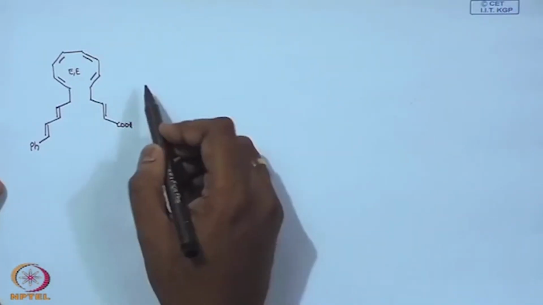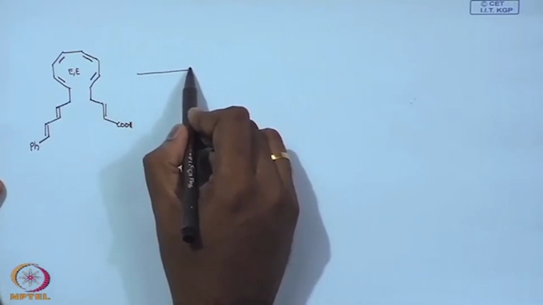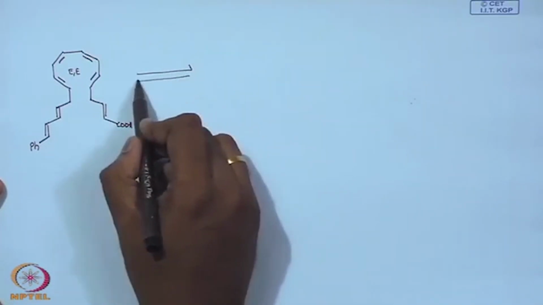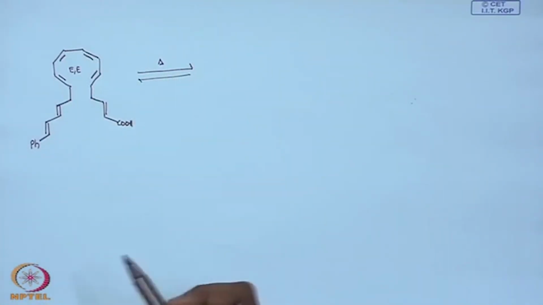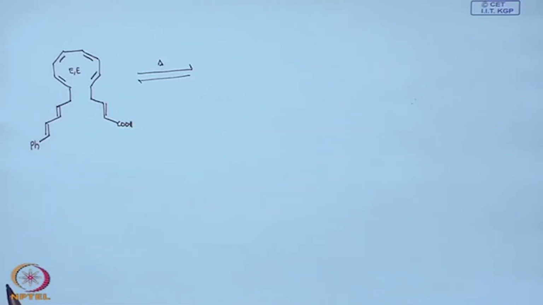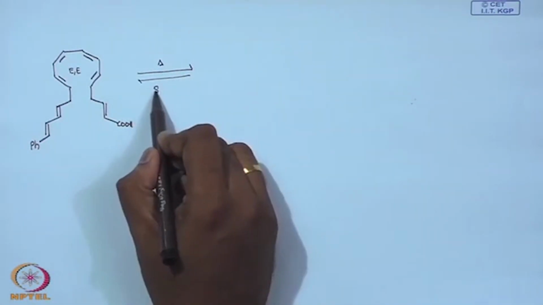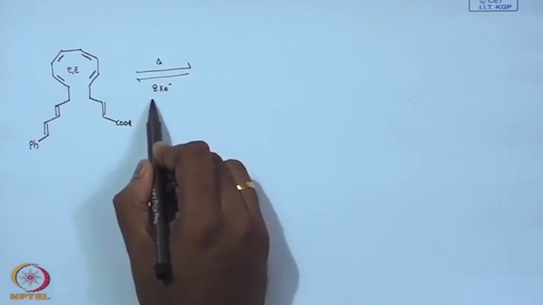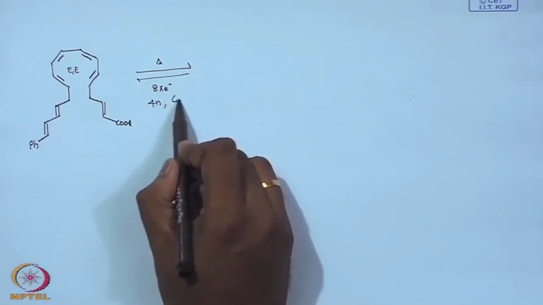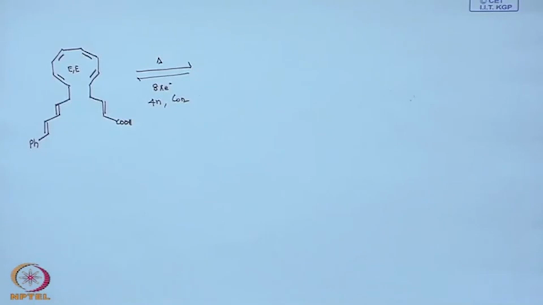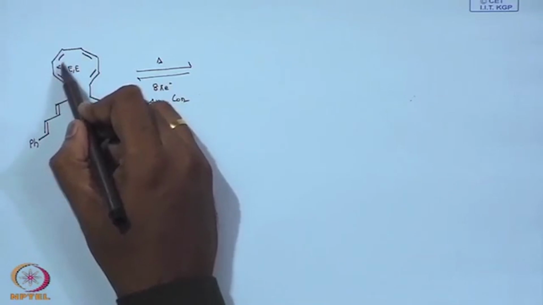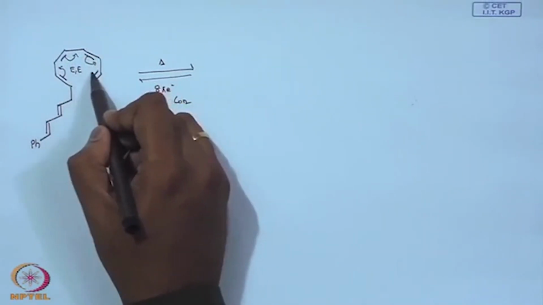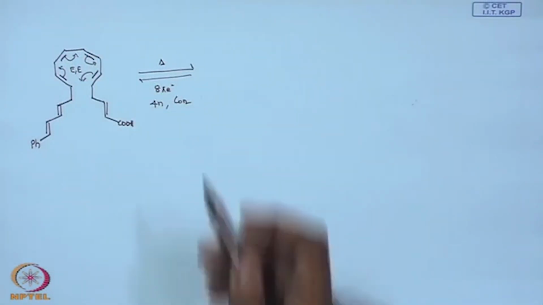Okay, that's good. Now, as I mentioned in the earlier case, if I heat this, what are you going to expect? Again, it is similar. It is an 8 pi electron system. Very good. So, 8 pi electron system, 4n rule, and you are saying it is conrotatory. So, nothing but do a cyclization.